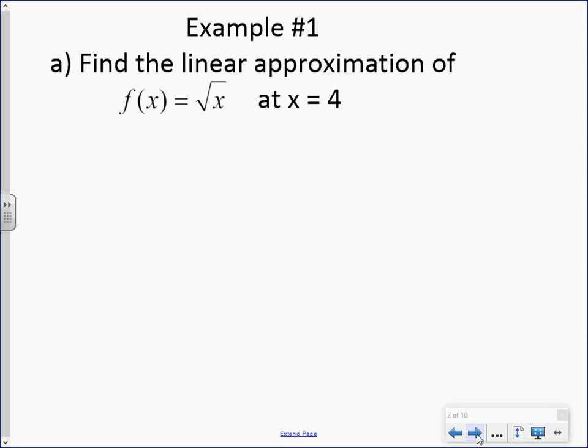Okay. Equation of a tangent line. We need two things. We need point and we need slope. Which one would you like to work on first? I hear slope first. So our derivative.